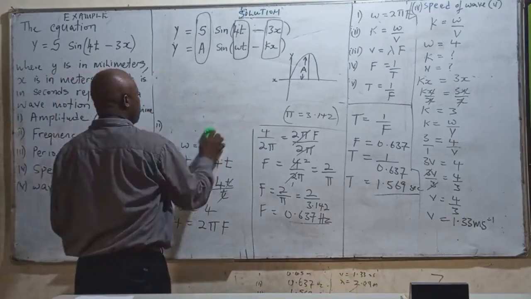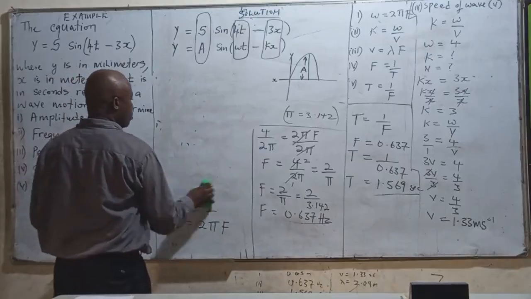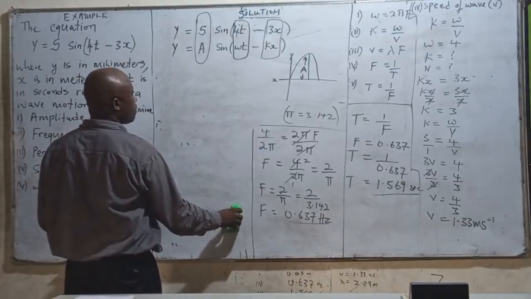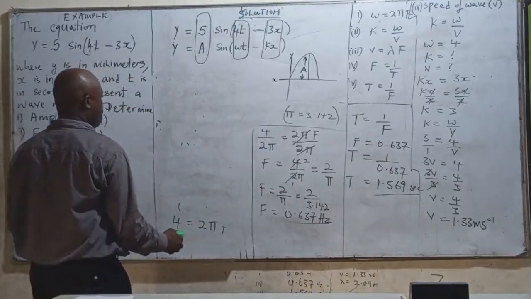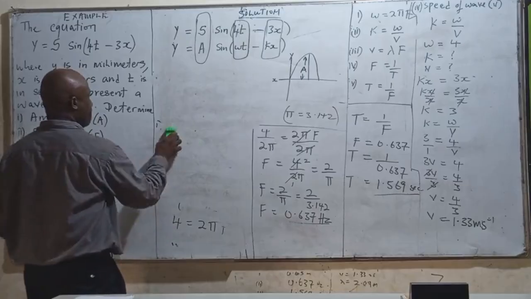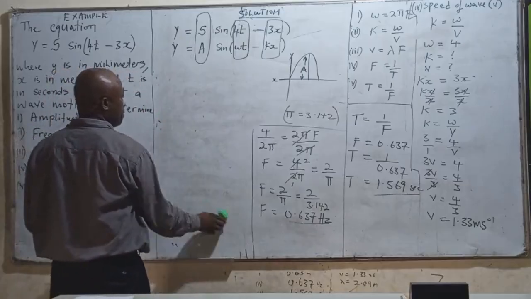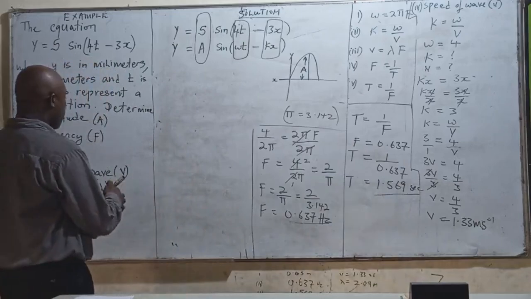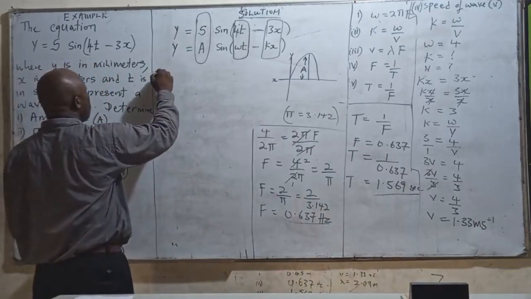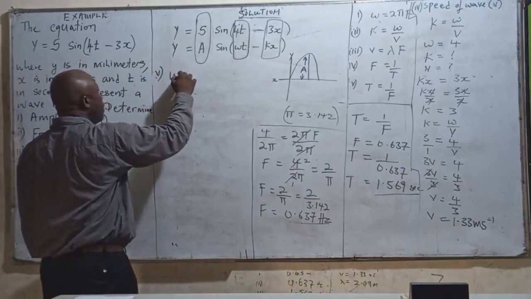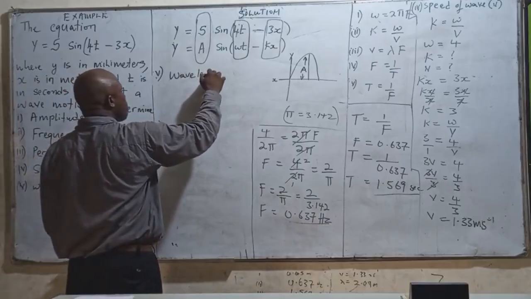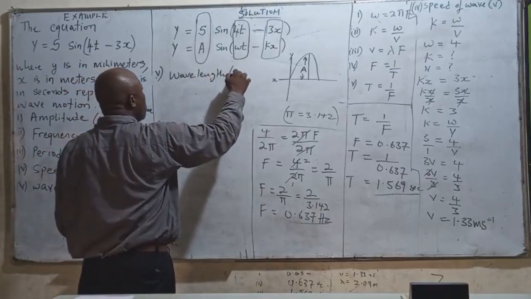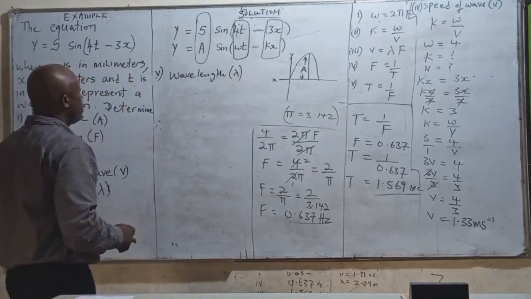Again, to solve for wavelength lambda, that's number 5.